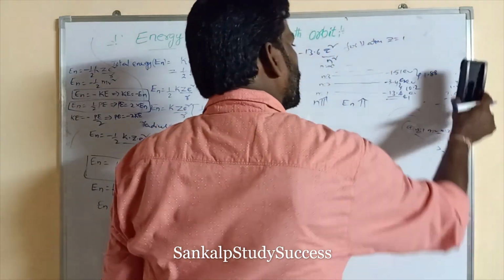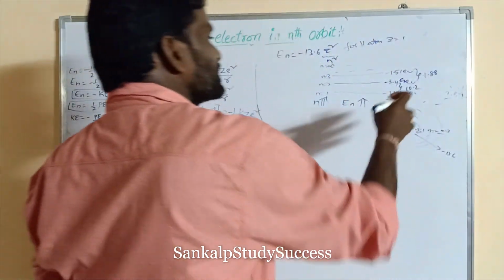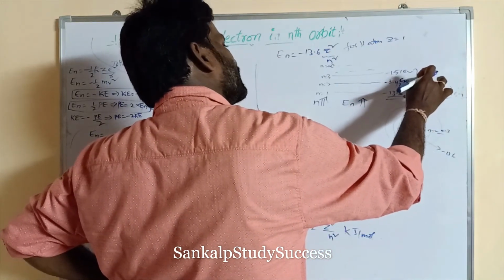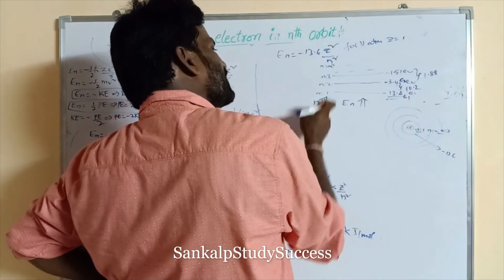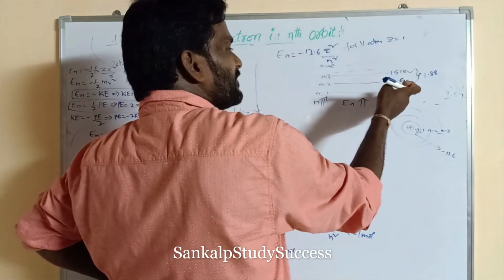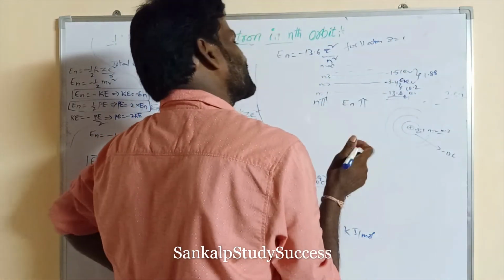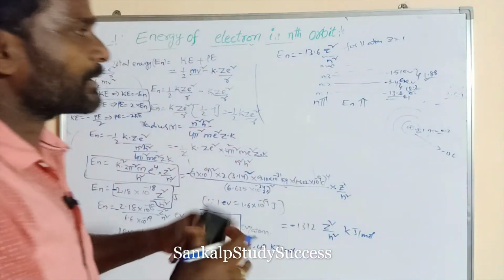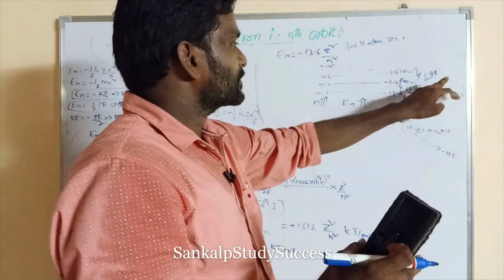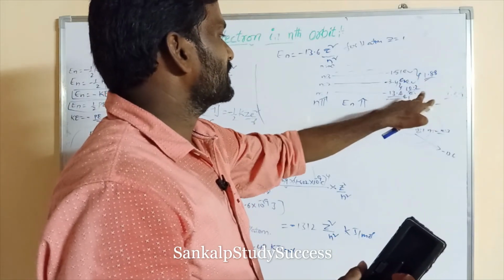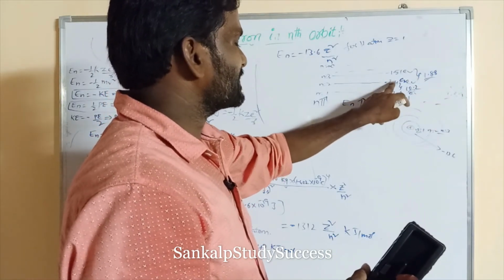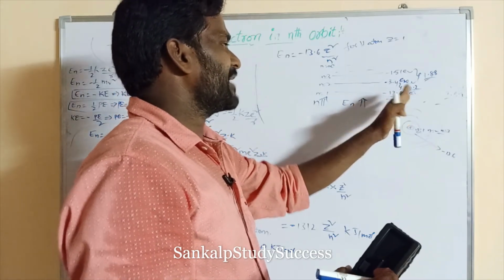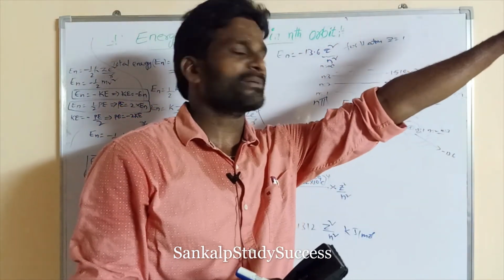Now similarly, here the energy gap is 10.2, here the energy gap is 1.88. So if the n value increases, the energy gap between the energy levels decreases. This is 10.2, this is 1.88. So that means the energy gap between the energy levels decreases away from the nucleus.